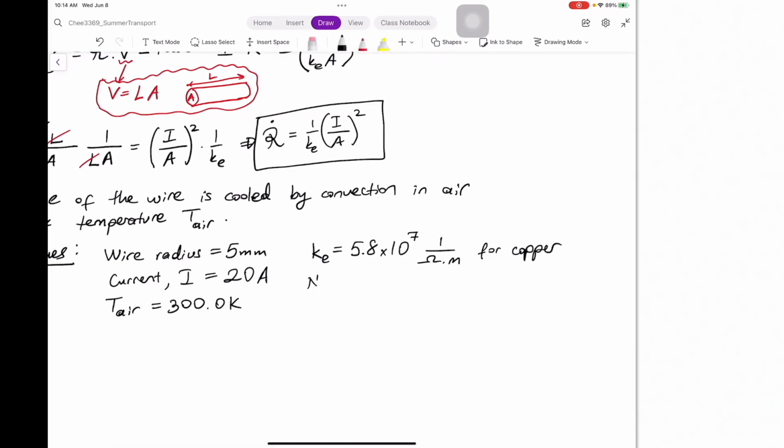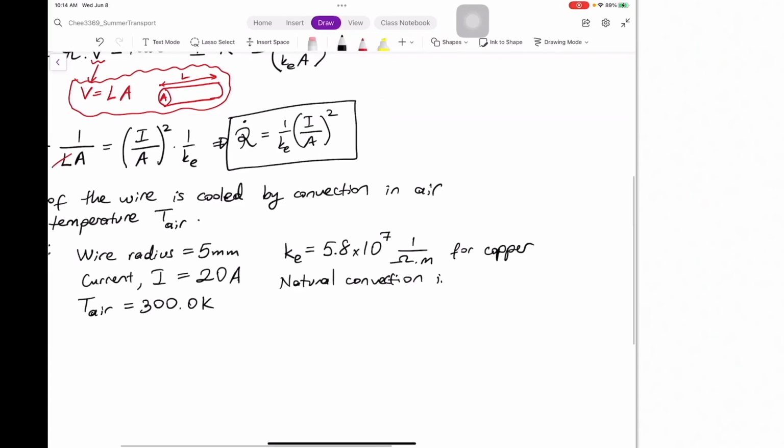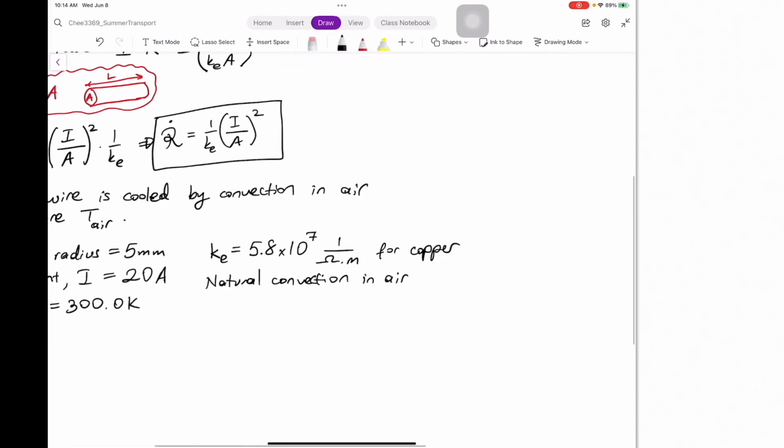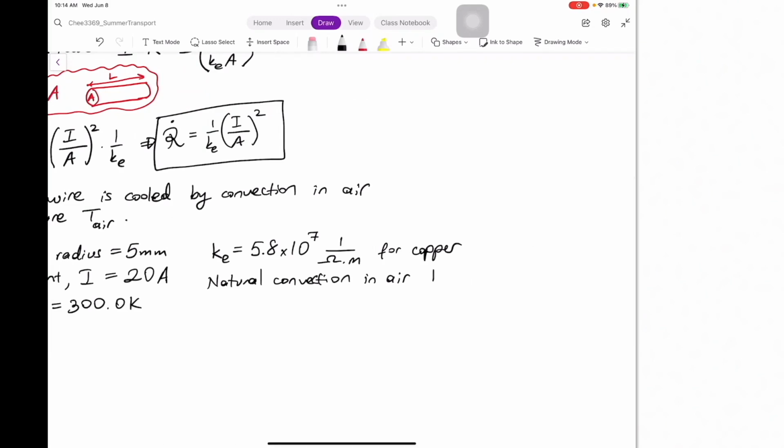And natural convection in air has an associated heat transfer coefficient h, let's call it h, equal to 10 watt per meter square Kelvin.